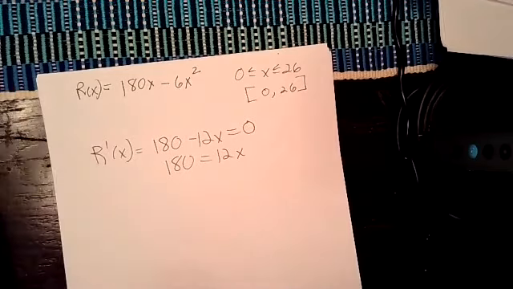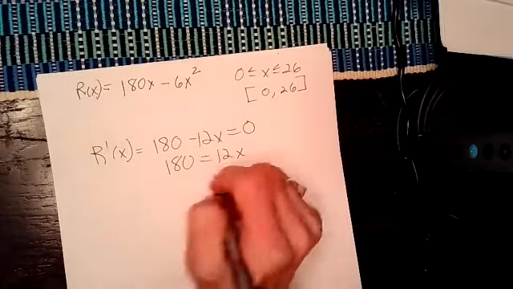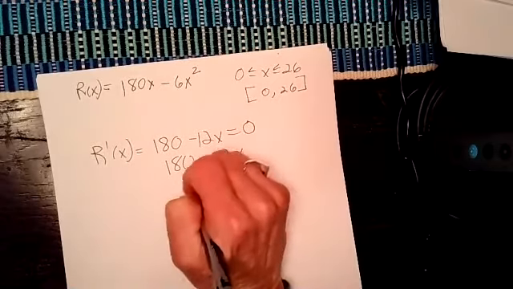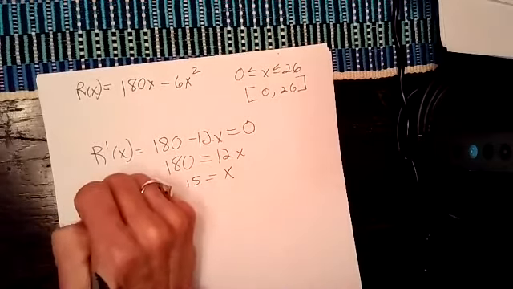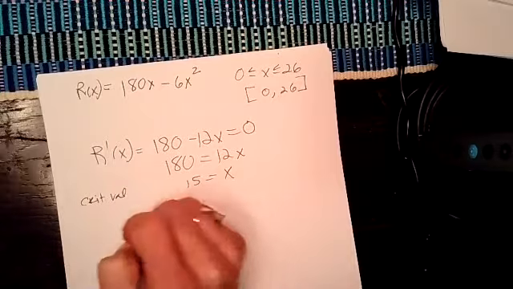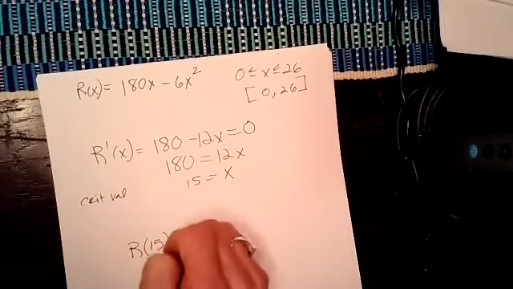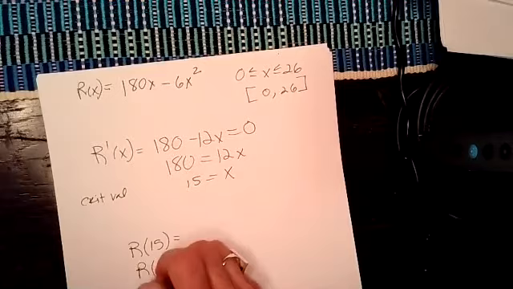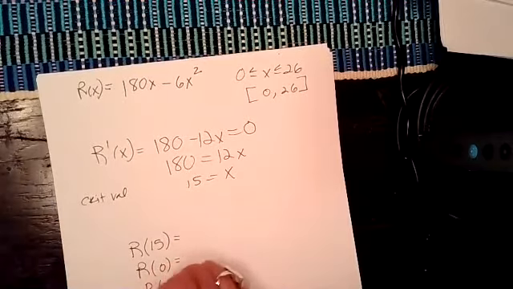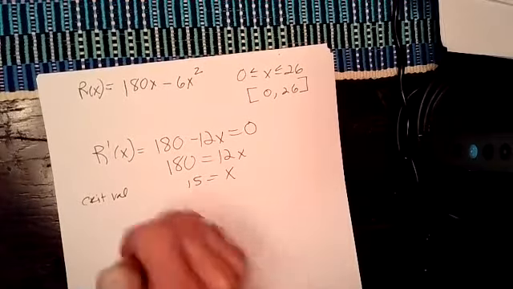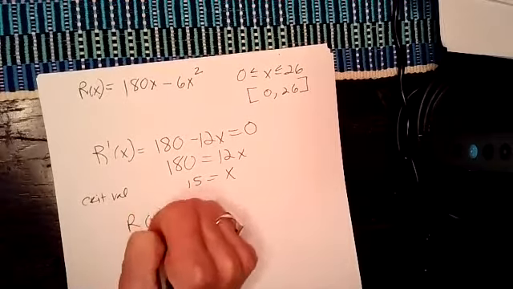And so 180 divided by 12 is 15. So that's my critical value. So I find R at my critical value, and then R at my endpoints, and plug it into my revenue function that they gave me.